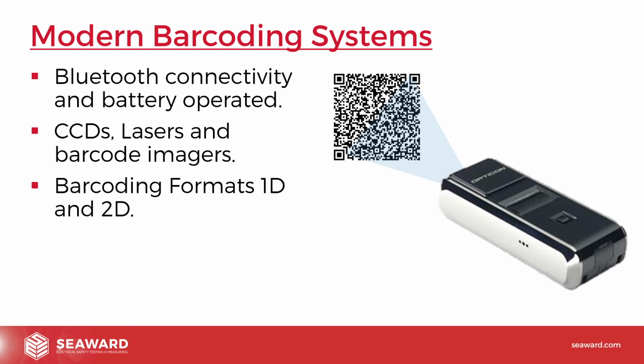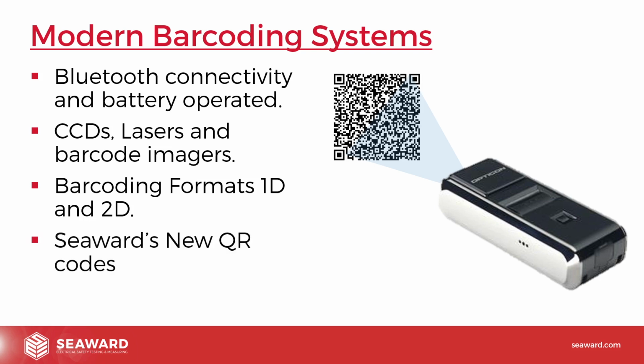Where the 2D barcodes, the Seaward QR codes, differ is we actually store some of the testing data in the barcode. So rather than keeping that data just in the memory of the tester, we store it in the barcode. So in the barcode, you've actually got the asset ID, the description, what test sequence was used, what the site was, what the location was.